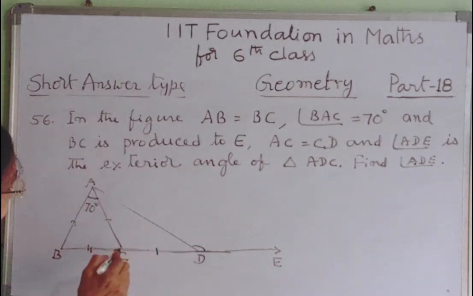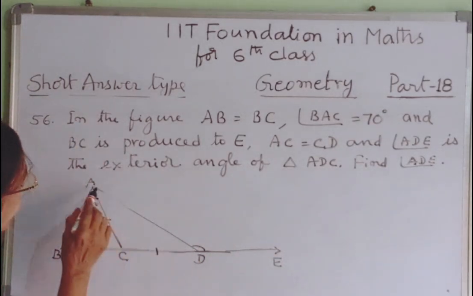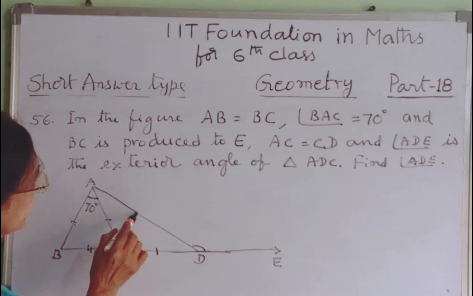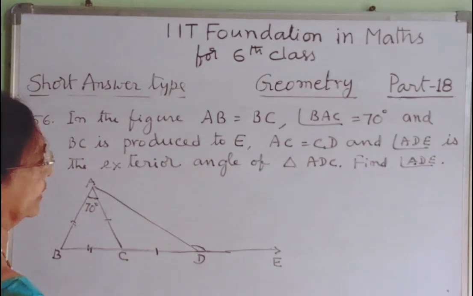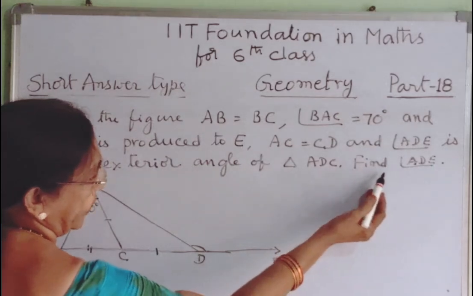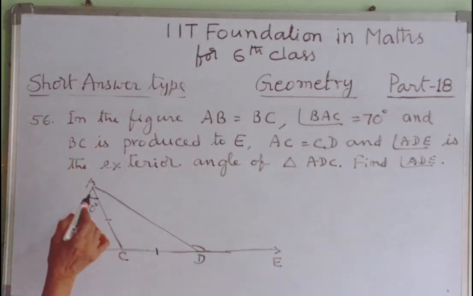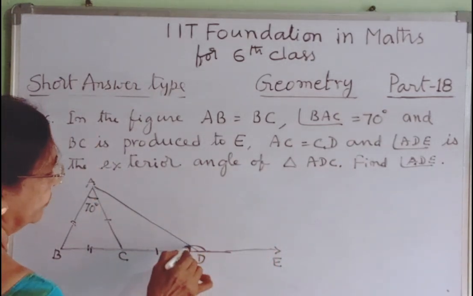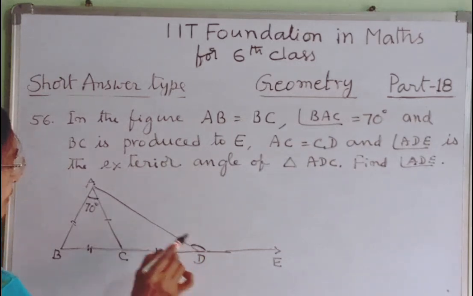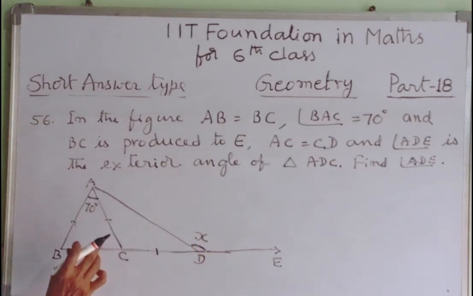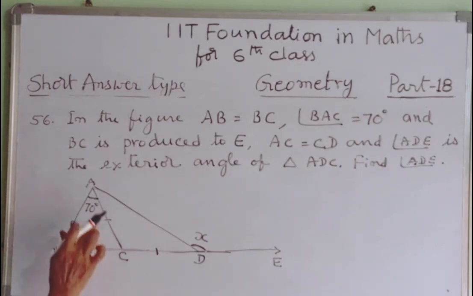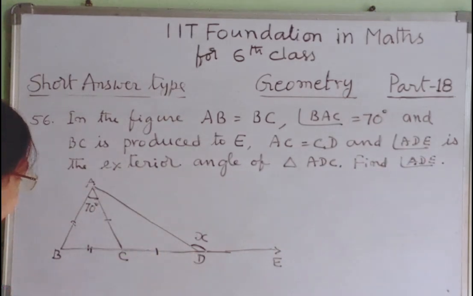So ADC, this is a triangle ADC. For this triangle, this angle is an exterior angle. Find angle ADE. We have to find out this angle. Let this angle be X, the exterior angle of the triangle ADC at D.